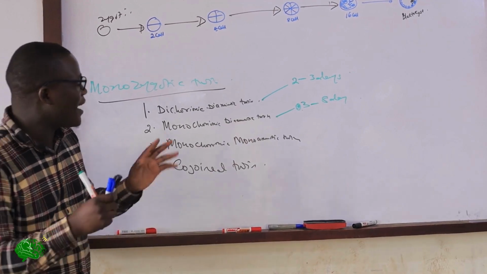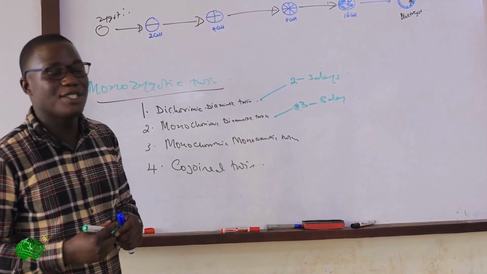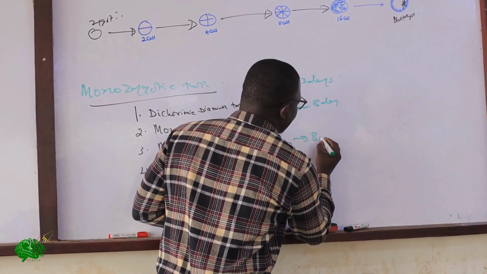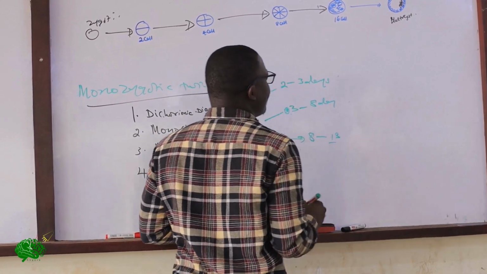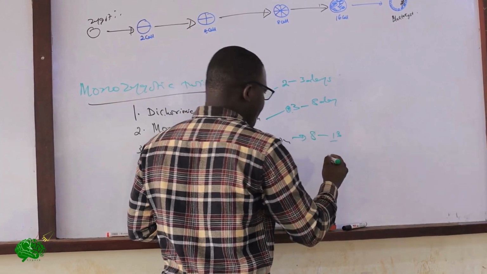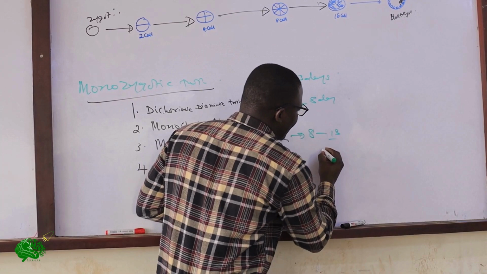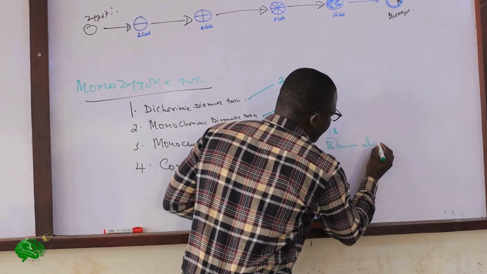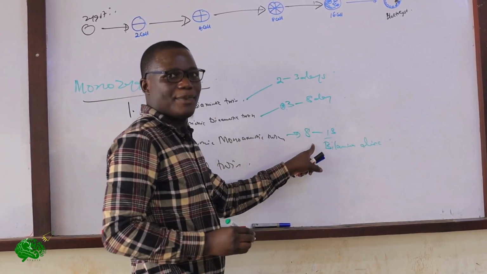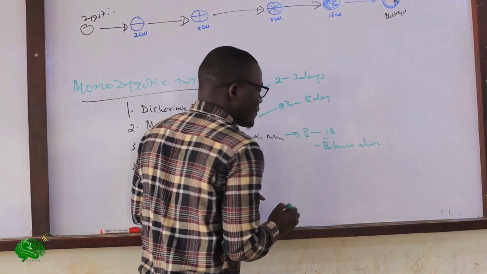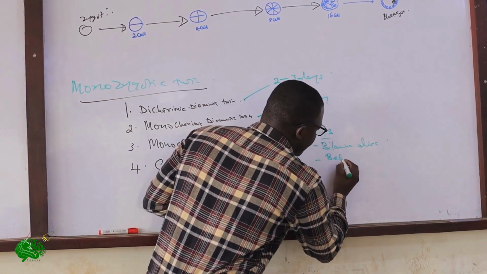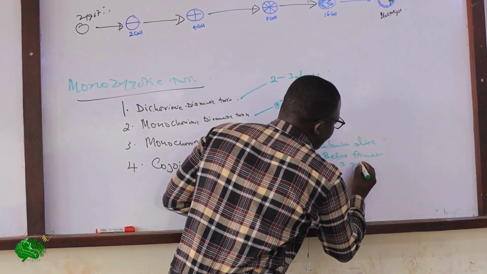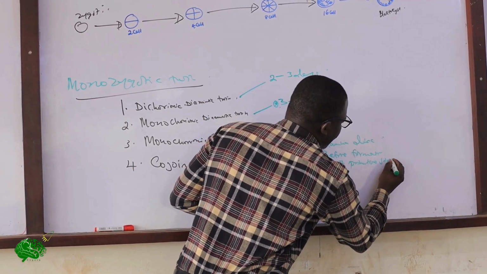Then we may also have the splitting or separation of the twins occurring in the 2nd week, that is day 8 to day 13. During the 2nd week, we have the blastocyst already formed, and we have what we call the bilaminar disc already formed. However, this splitting occurs before the formation of what we call the primitive streak.